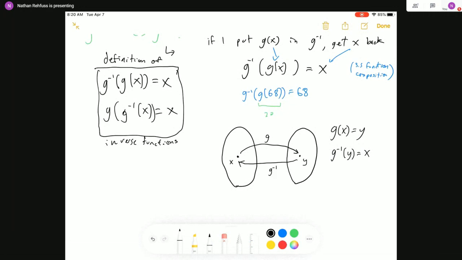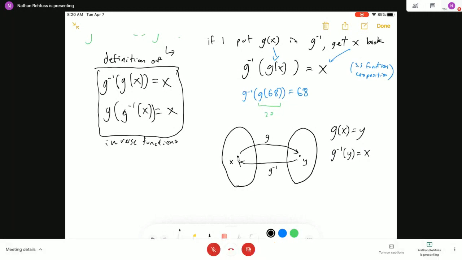They undo each other. And that means if I take x and I plug it into both, g inverse of g of x, first I go to y and then I go back to x. And if I take y and plug it into g inverse and then plug that answer into g, I'm going to get y back. So it's just a cycle.